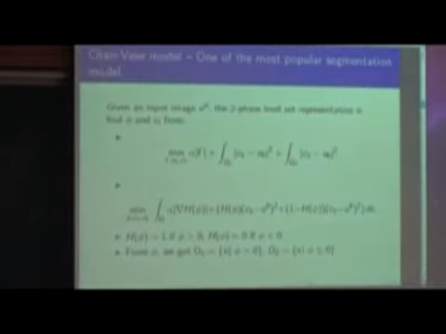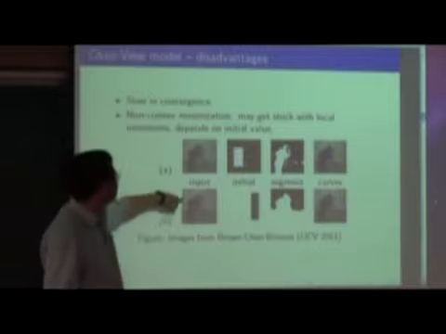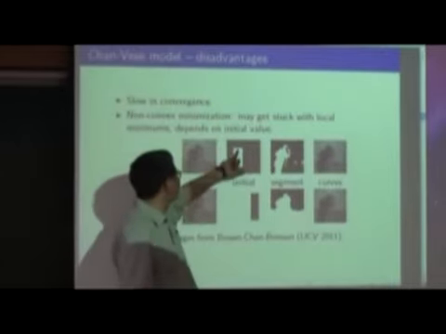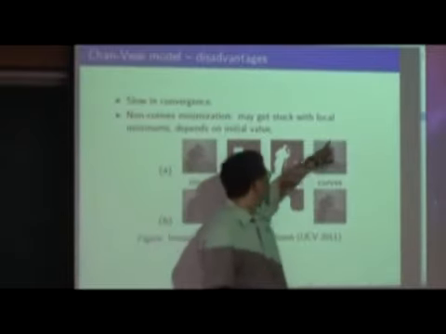So due to non-convexity, if you minimize a non-convex function, you could easily get stuck in local minimizers, and therefore it depends on the initial value. I think this is common. Here you segment the cameraman. If this is your initial curve, you segment this man out, and this is the boundary.